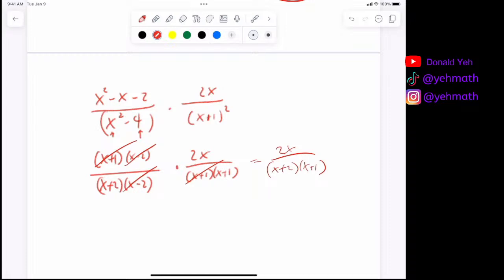So if you have 2x minus 2 on the top and there's one x minus 2 on the bottom, you can only simplify once. That's it. Is that okay? Any questions?